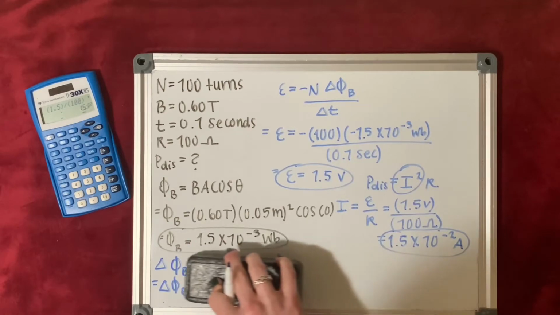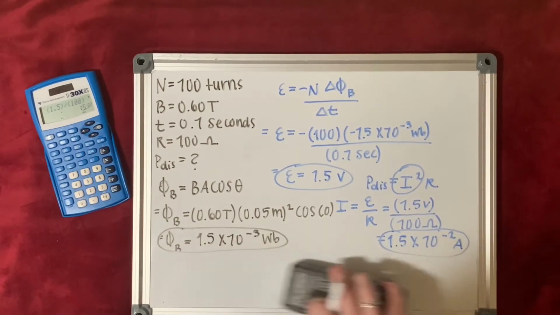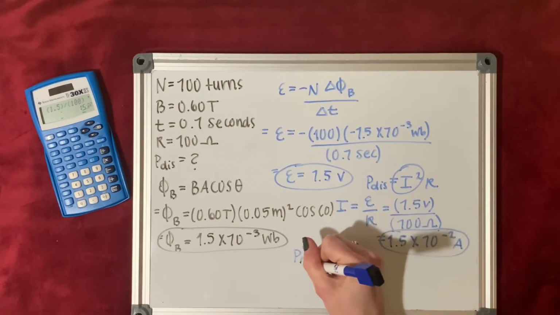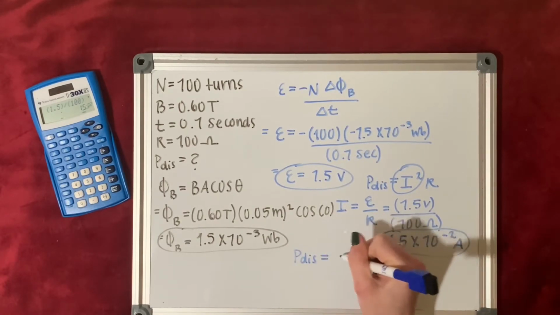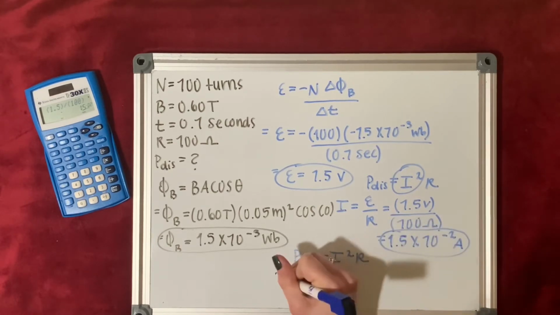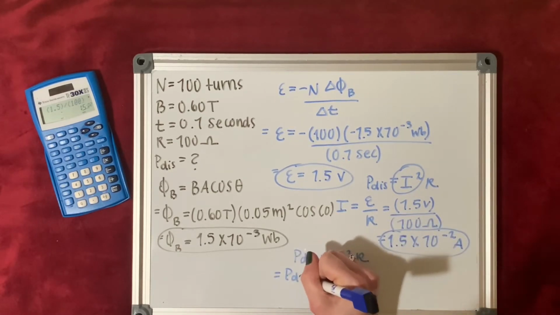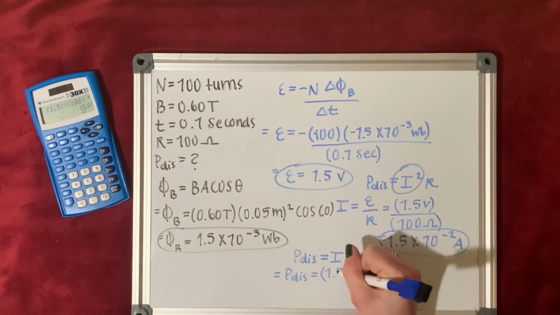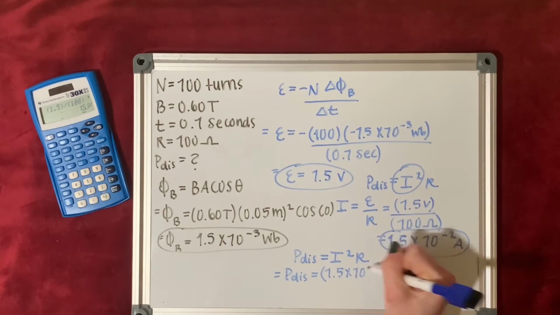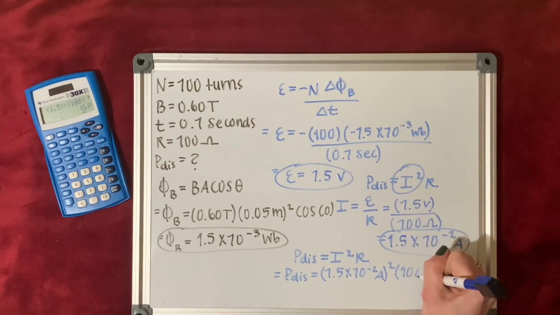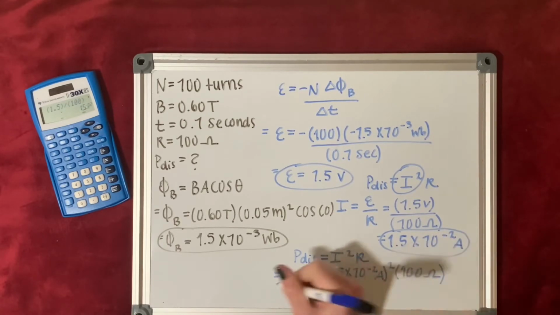Making room. Now we can finally use P dissipated equals I squared times R. Plugging in our values, 1.5 times 10 to the negative second amperes squared times 100 ohms.